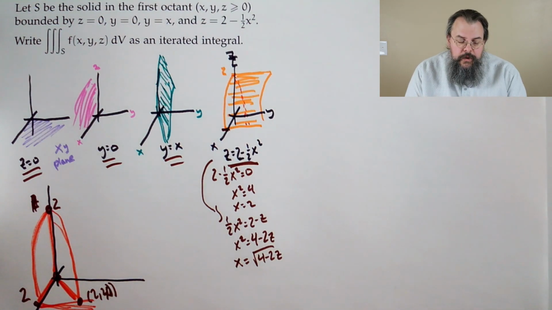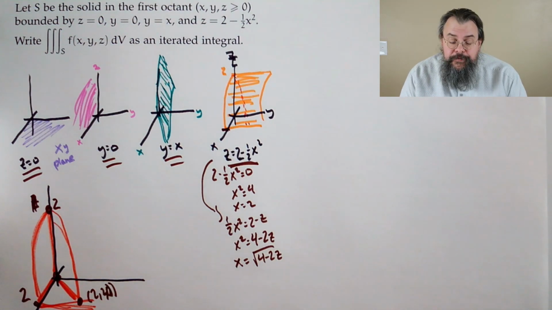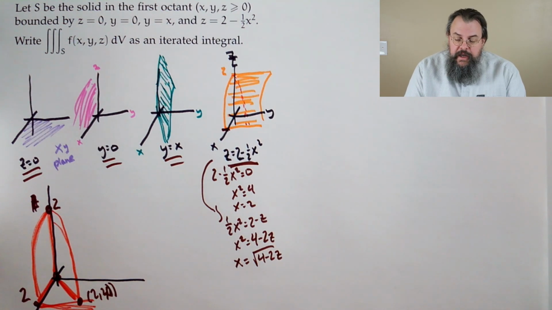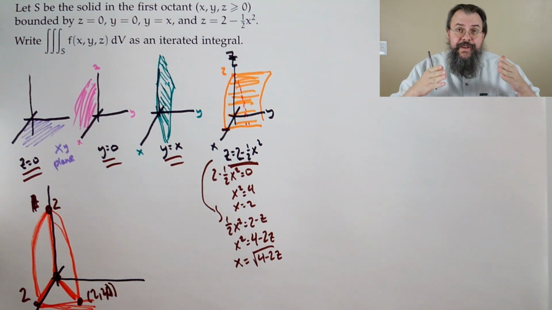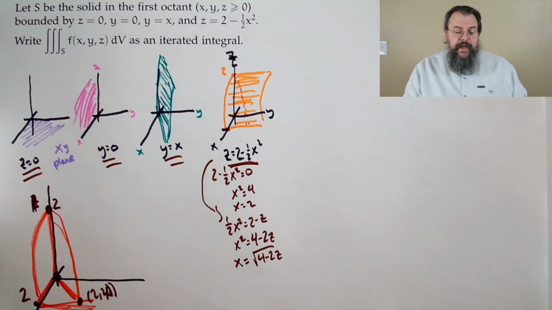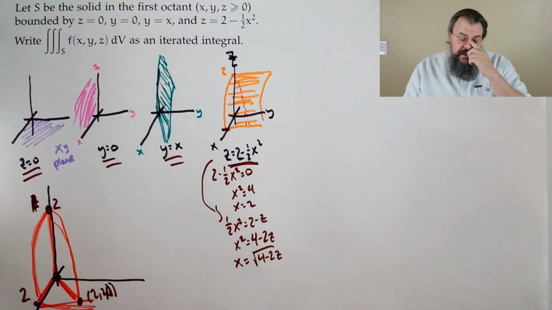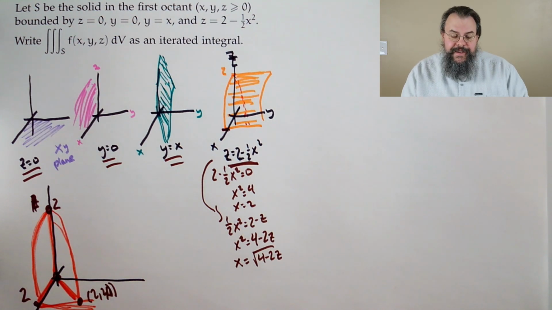So what's the last thing to do before we set up our bounds? For me, the last thing I would want to do before I start setting up the bounds is to say, what happens as I look down the various axes? And once that's understood, the rest probably won't be so bad.